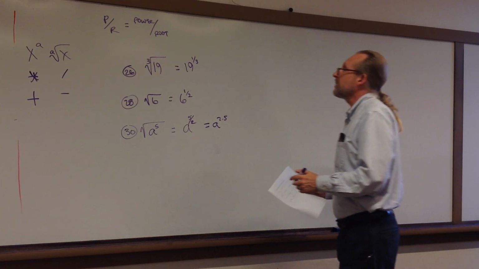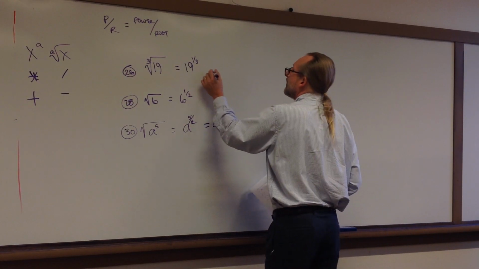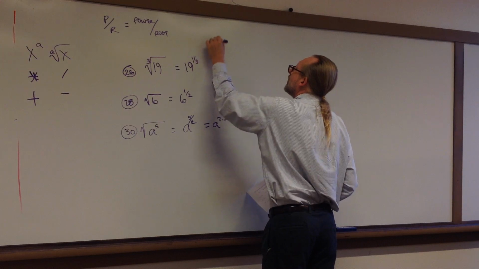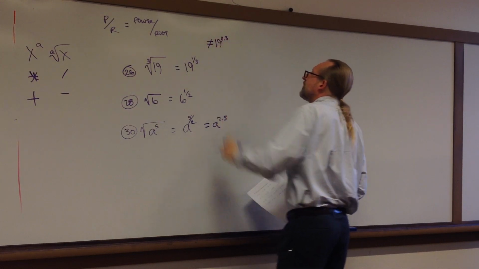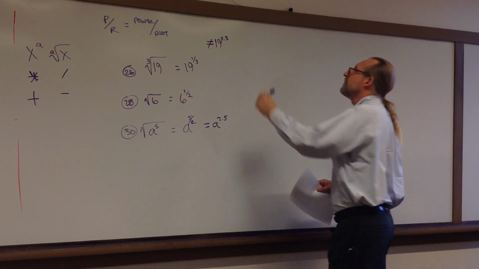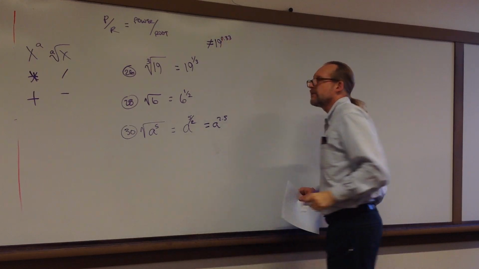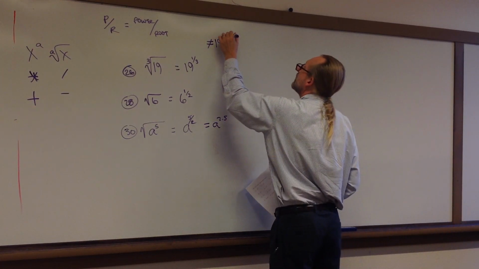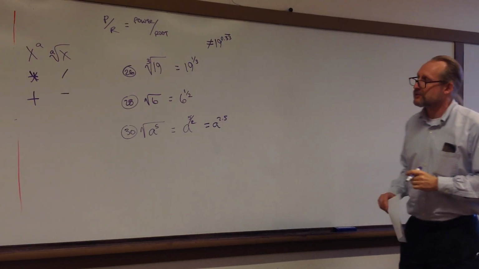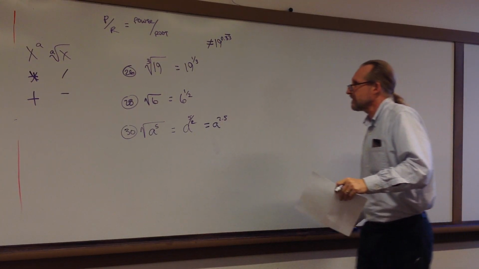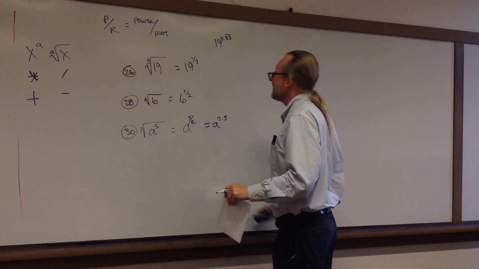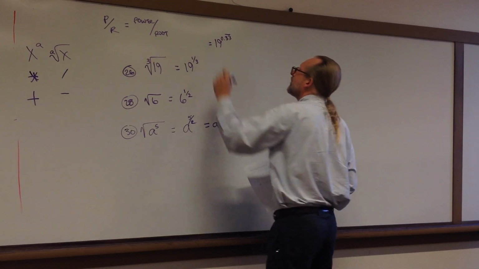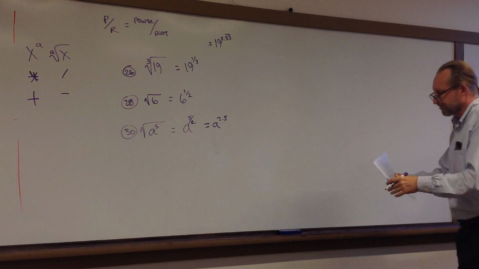The only place where that becomes an issue is right here. If you call this 19 to the 0.3 power, that's wrong. If you call it 19 to the 0.33 power, it's closer, but it's still wrong. If you want to use a decimal here, make sure that it's a repeating decimal. That is correct now. Now I can take off that does not equal sign. Put that bar over it. Now they're the same thing.